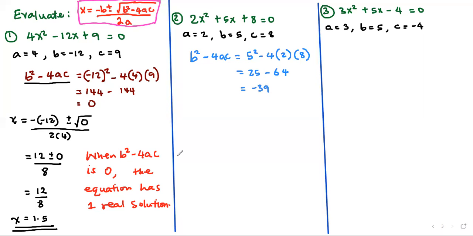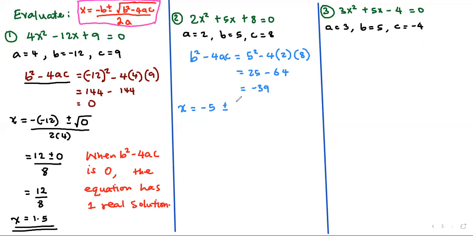Now, let's substitute it into our formula. Our formula is that x is equal to minus b, so that will be minus 5, plus or minus the square root of b squared minus 4ac. We have already seen that it is negative 39.